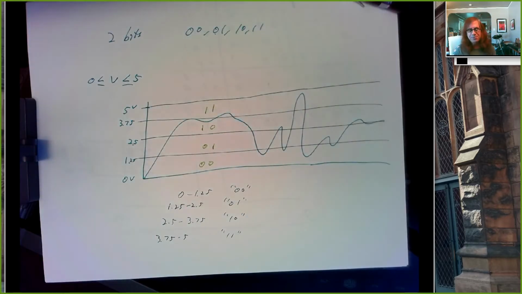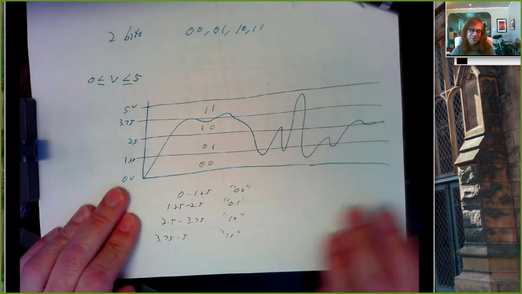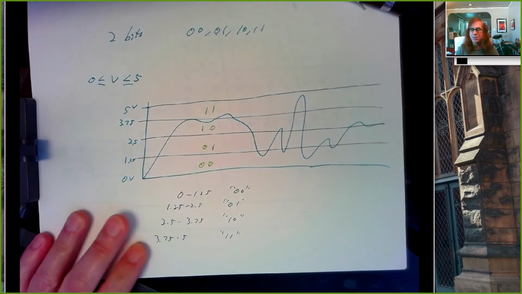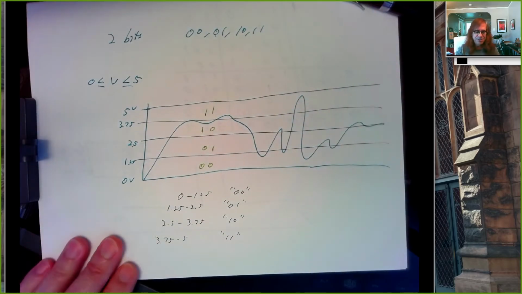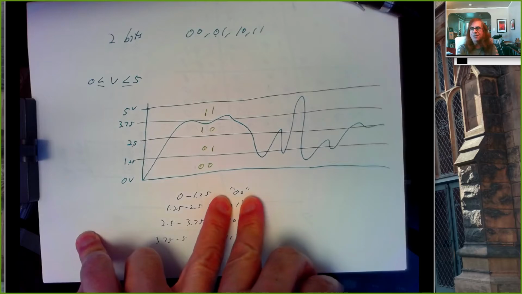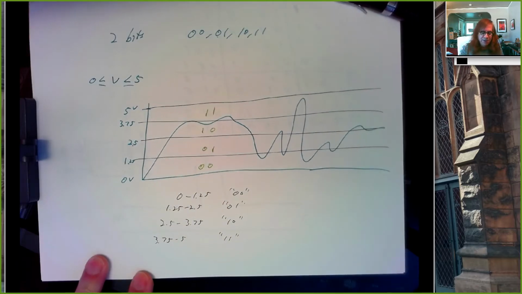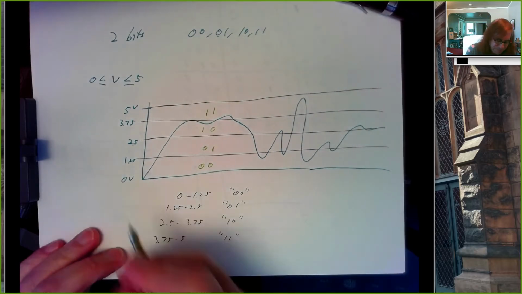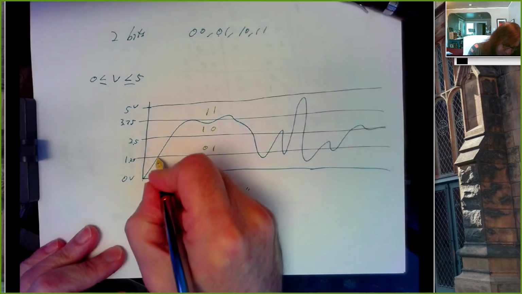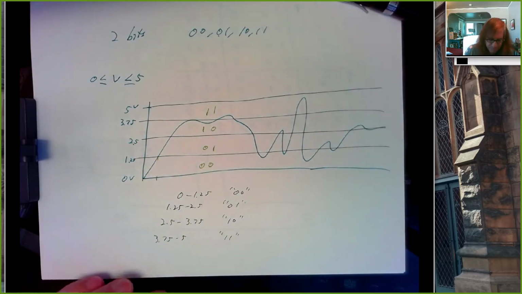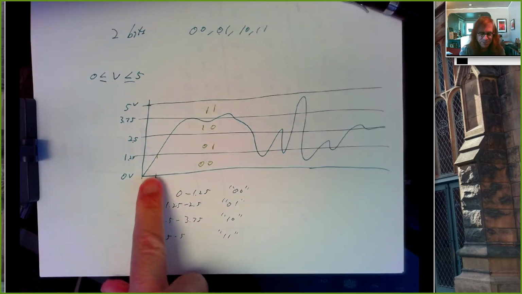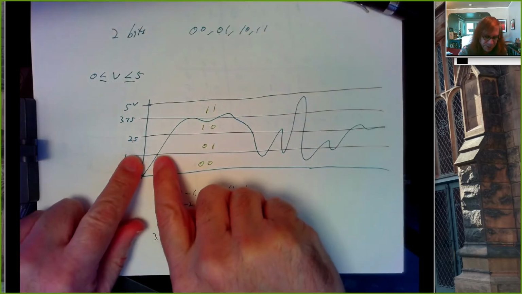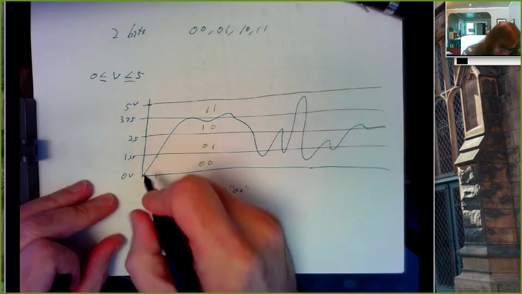So suppose that we have this signal that's moving around, it's changing smoothly, right? And we decide to encode it with this binary coding. What happens is between here and here, all we're going to do is say the voltage between here and here was 0, 0.